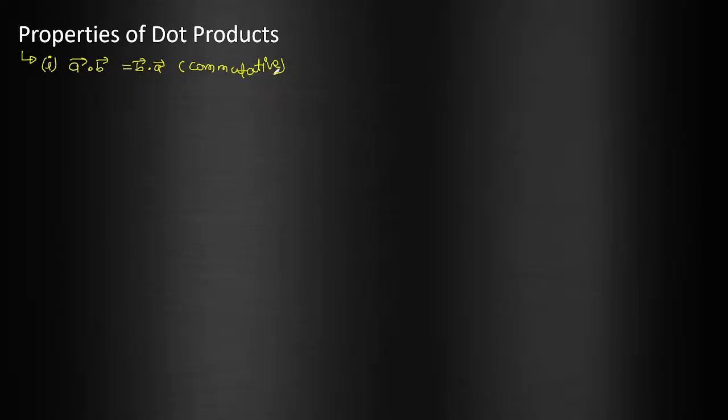Second, A vector dot (B vector plus C vector) is A vector dot B vector plus A vector dot C vector. We can say this is distributive.